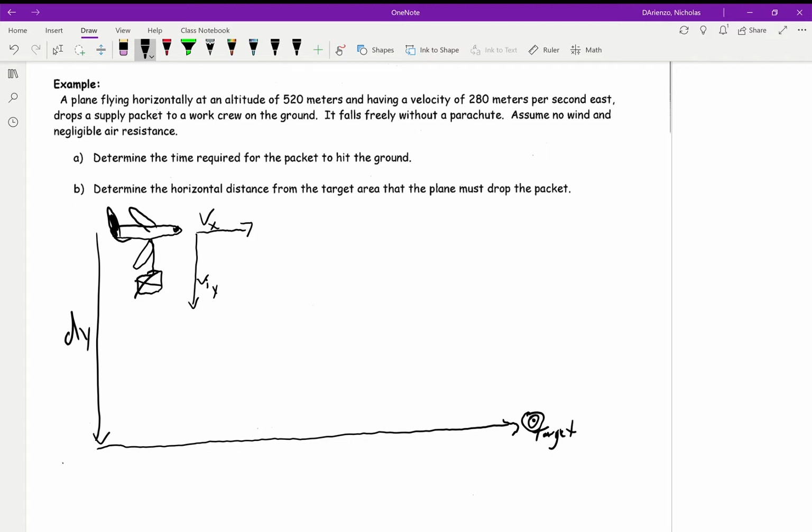The plane's going to have to drop this crate some distance in the X direction before it gets to the target, because the crate's going to be moving forward with the same velocity the plane has. It's going to follow a parabolic trajectory towards the ground. We can't release it right above the target unless we weren't moving, so we have to drop it some distance before the target so it can hit the ground.